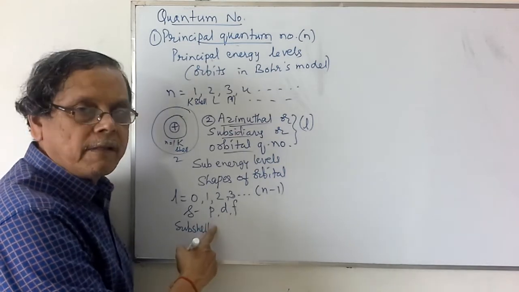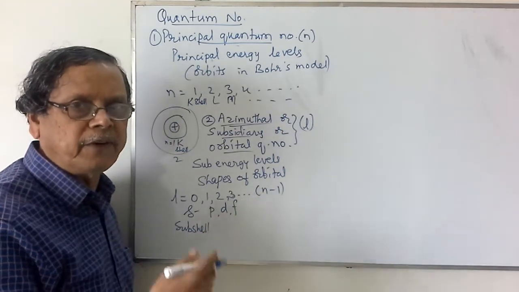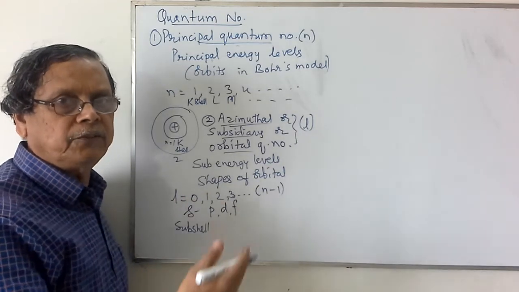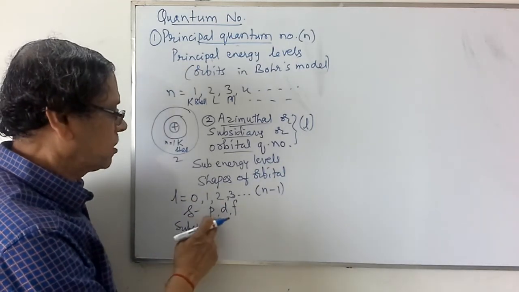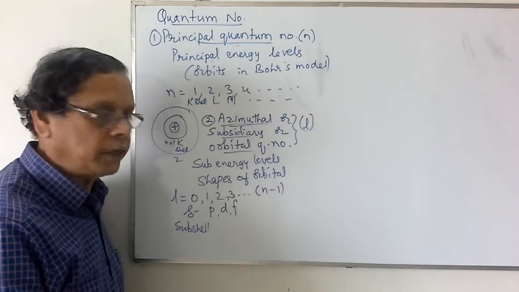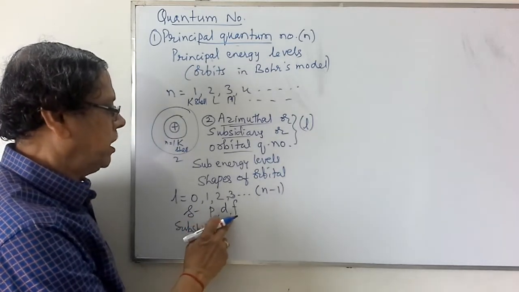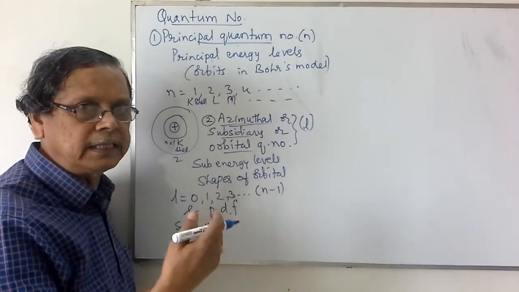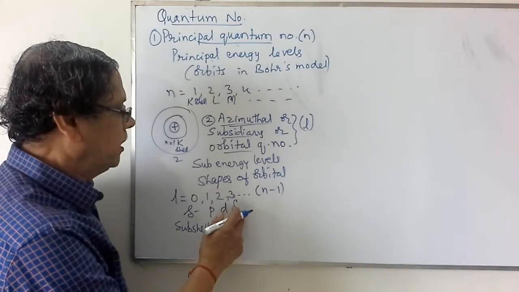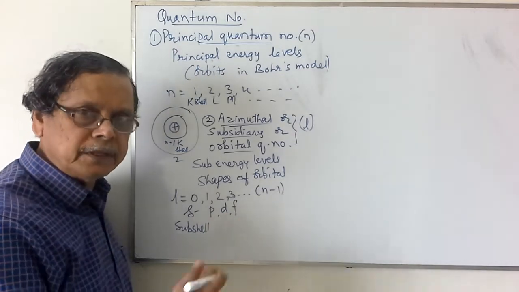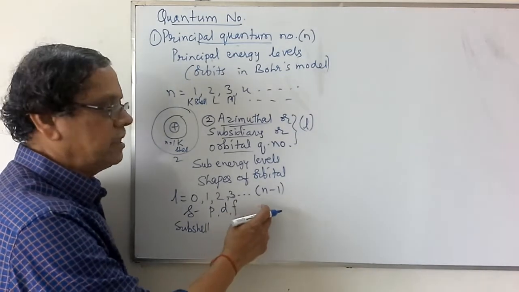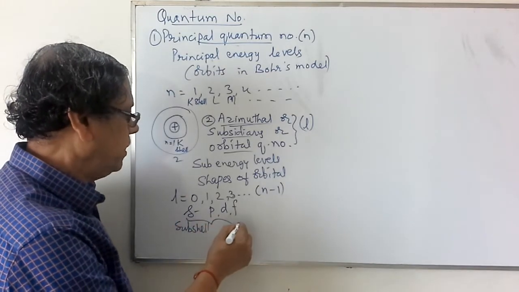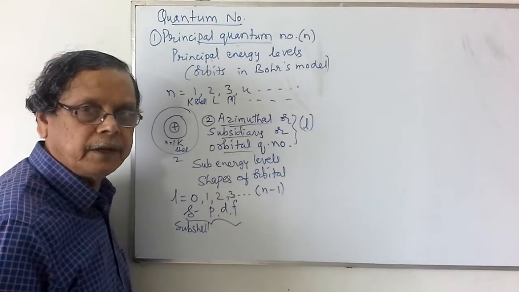For writing the configurations of all the elements present in nature, only these 4 subshells are sufficient: s, p, d and f. If anyone is interested in going further, after f we will get g, h, i, j, k, etc. But that is not necessarily required. Only these 4 are required.